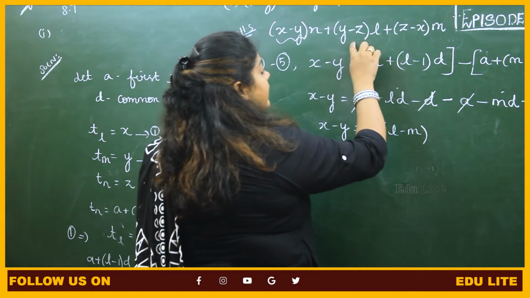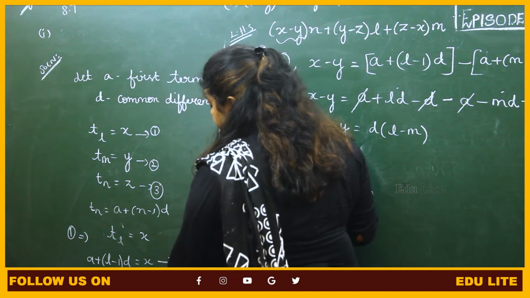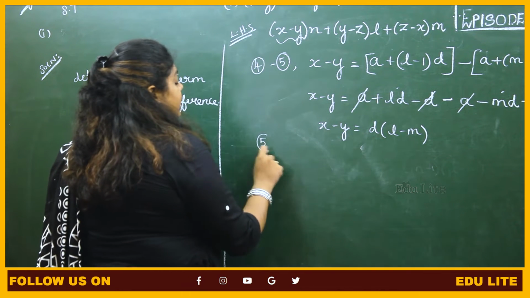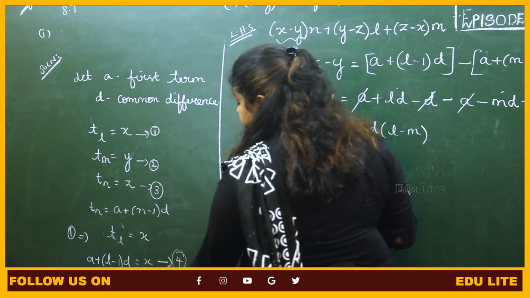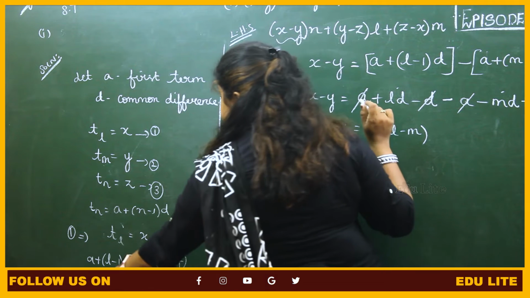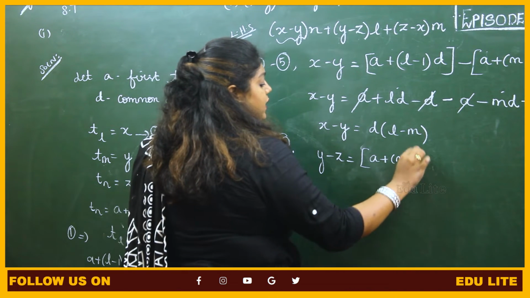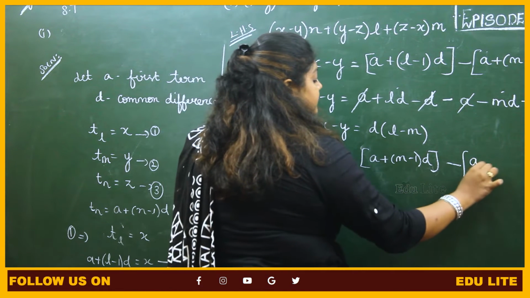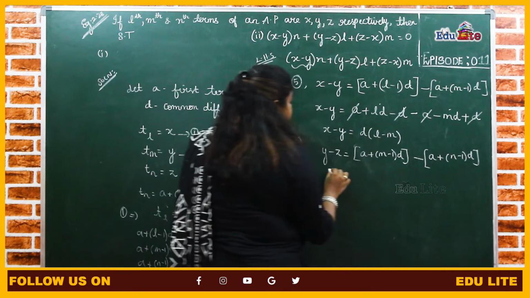Similarly, we have to find y minus z and z minus x. For finding y minus z, we can get the help of equation 5 and 6. So we have to do 5 minus 6. So 5 minus 6, it is y minus z on the left, and on the other side it is a plus m minus 1 into d minus a plus n minus 1 into d. We have to simplify this.